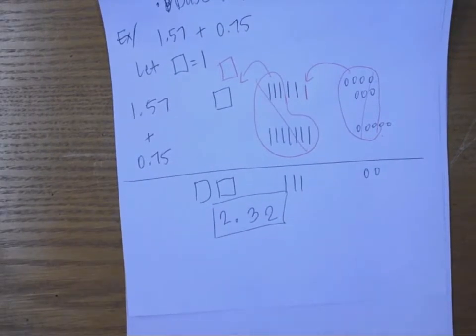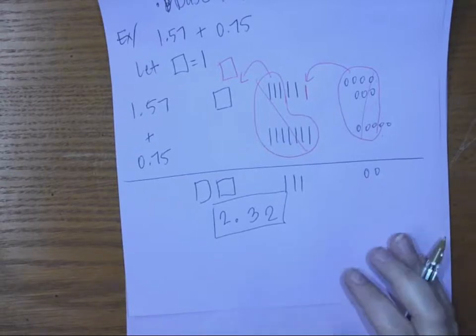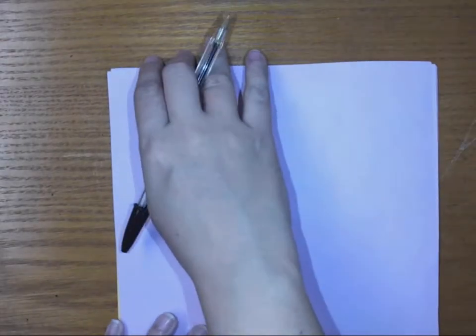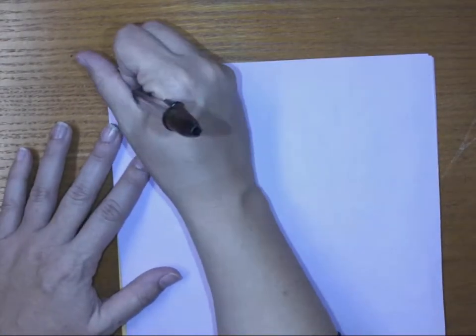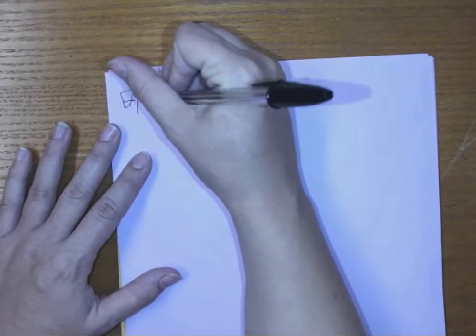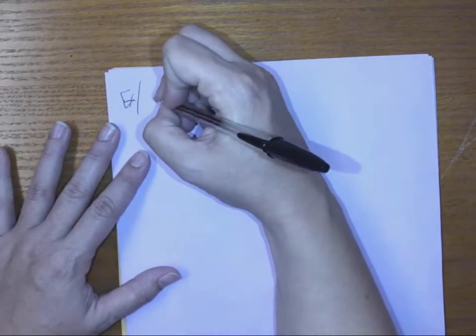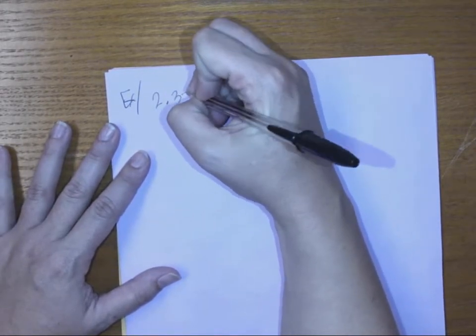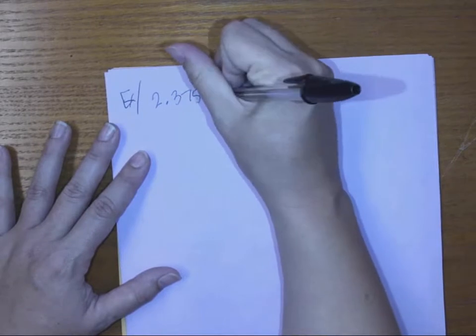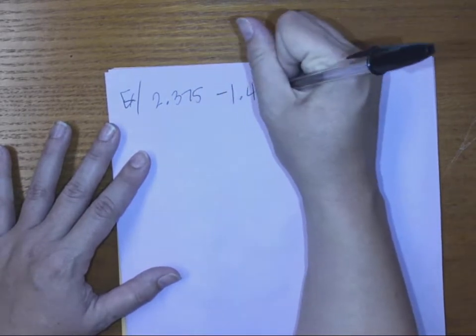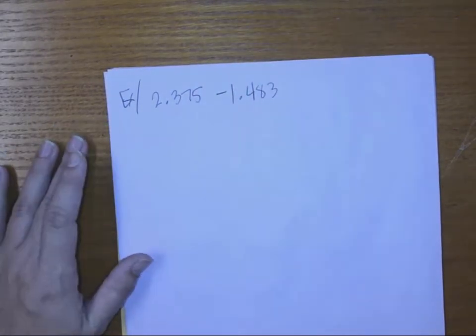Okay. If I wanted to subtract, same thing, it's just I'm taking away here. So subtracting using base 10 blocks, let's do the example of 2 and 375 thousandths minus 1 and 483 thousandths.